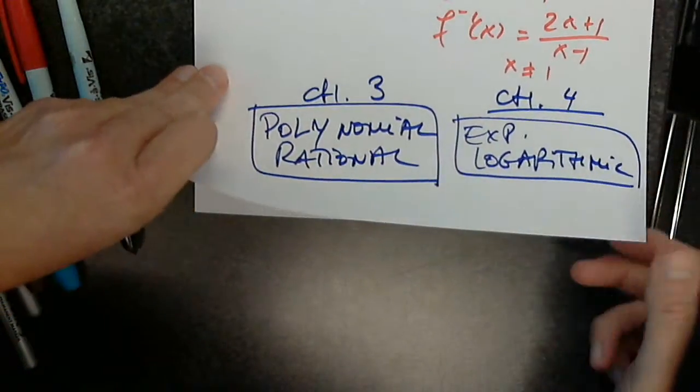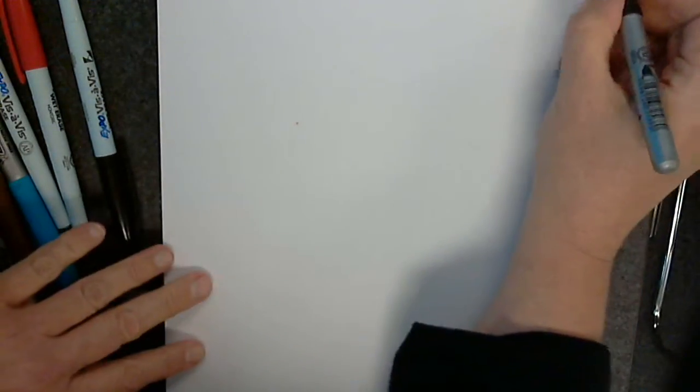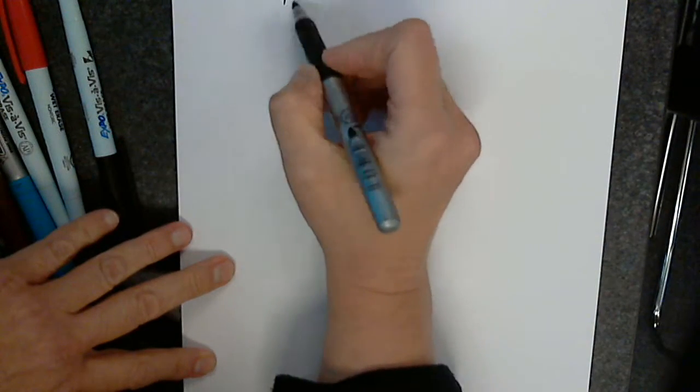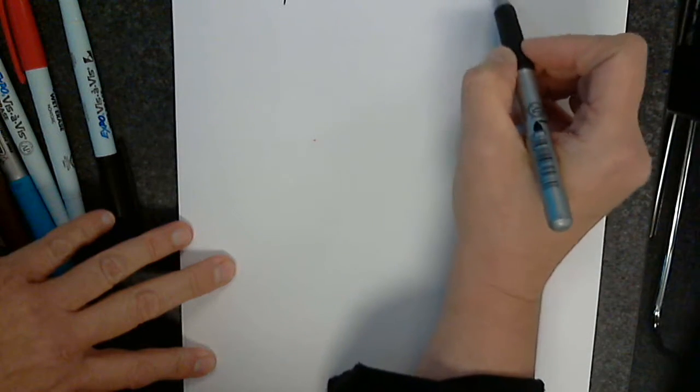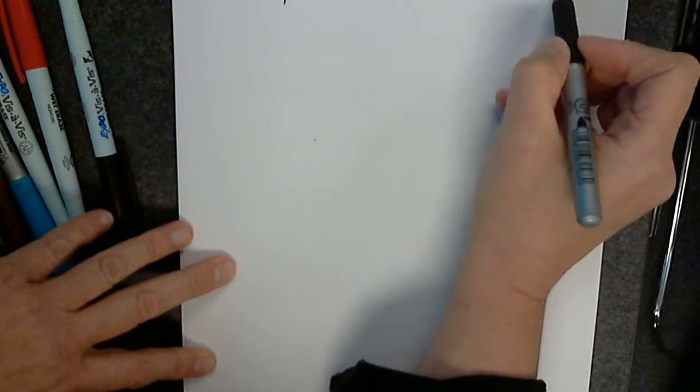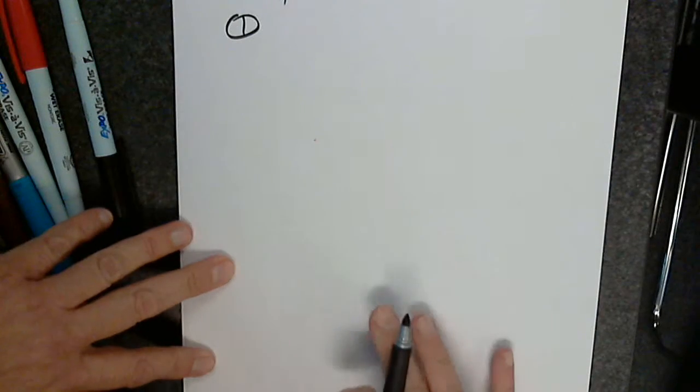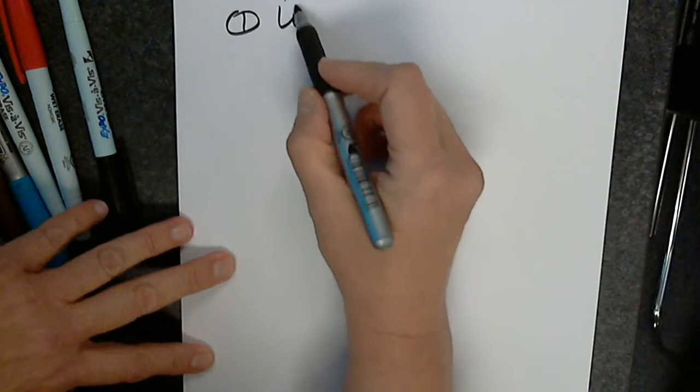Okay, can anyone give us an example of a polynomial function? x plus 3. Right, linear.